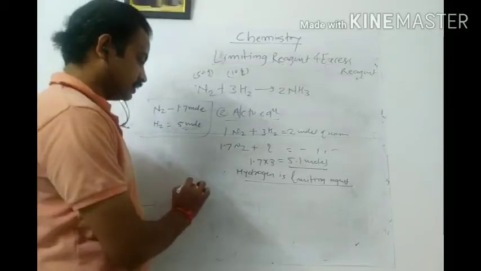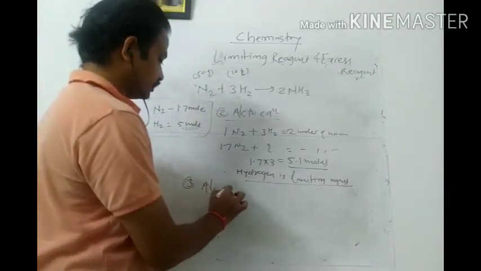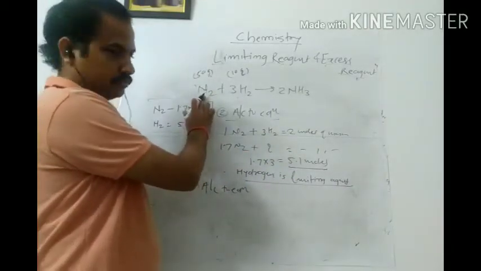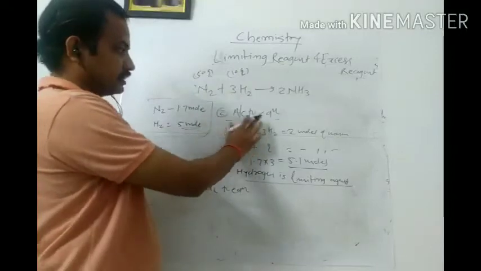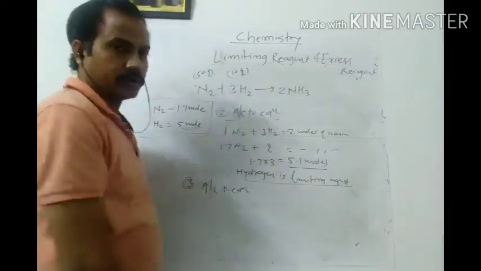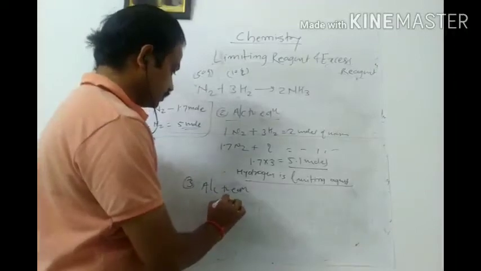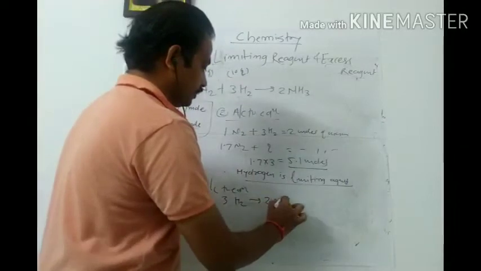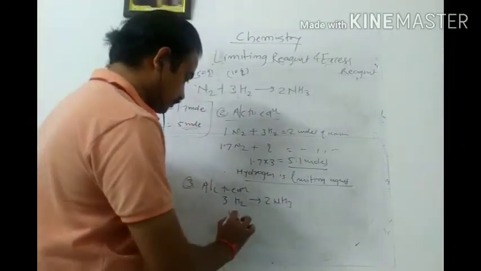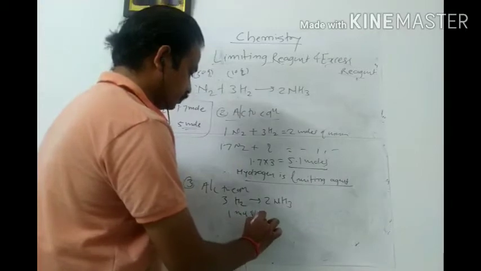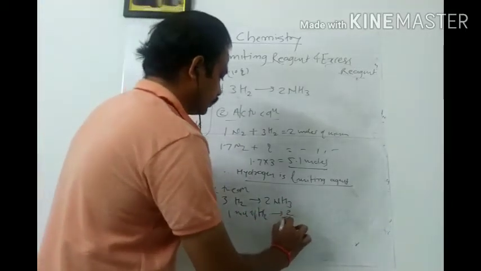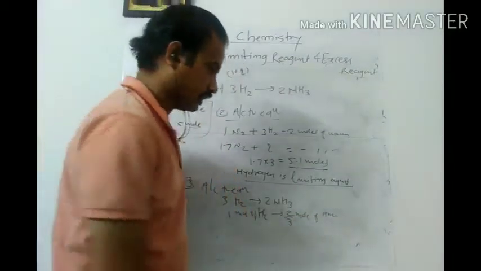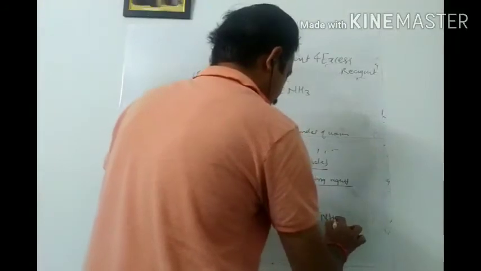Now we will see the third step. In the second step we discussed nitrogen, and now in the third step we are discussing hydrogen. According to the equation, 3 moles of hydrogen give 2 moles of ammonia. So 1 mole of H2 will give 2/3 moles of ammonia, NH3.